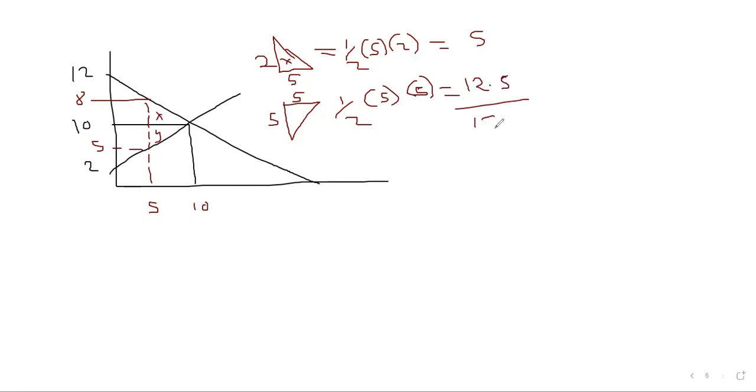So here we're going to have 17.5. This is what we call the deadweight loss. And deadweight loss is a disequilibrium that occurs due to the taxes that are imposed. So deadweight loss is also known as excess tax burden.